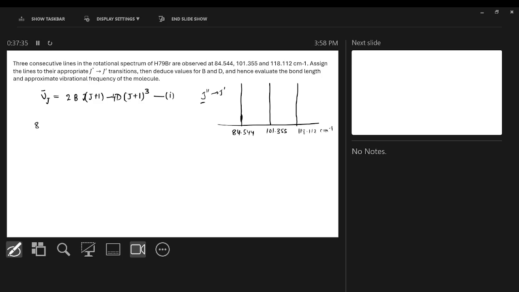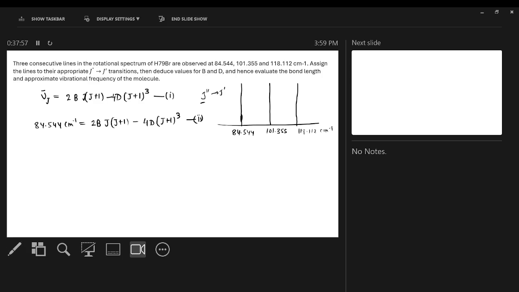So we can write here 84.544 centimeter inverse is equal to 2B (J plus 1) minus 4D (J plus 1) cube. I will call this equation 2.